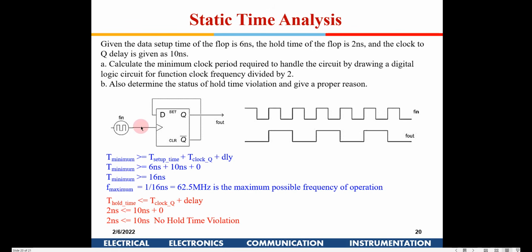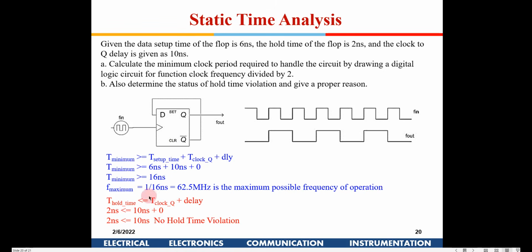You have a positive edge of the clock here, by that this data needs to be stabilized. From the clock edge to Q it takes 10 nanoseconds, and here there is no combinational block, we have just put a direct short circuit, so that has become 0, but we need to add the setup time also. So 10 plus 6 is 16, and 1 by 16 nanoseconds will give the maximum frequency.